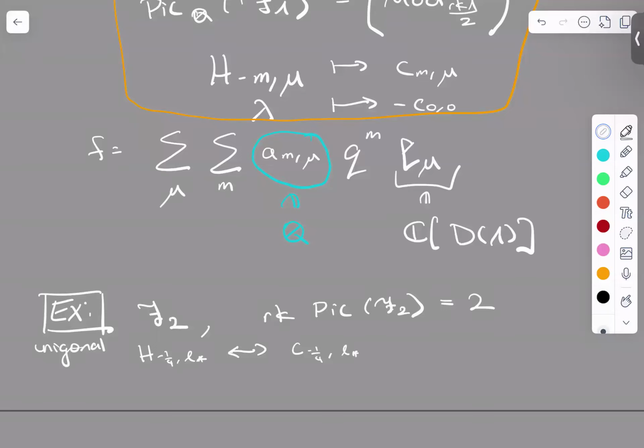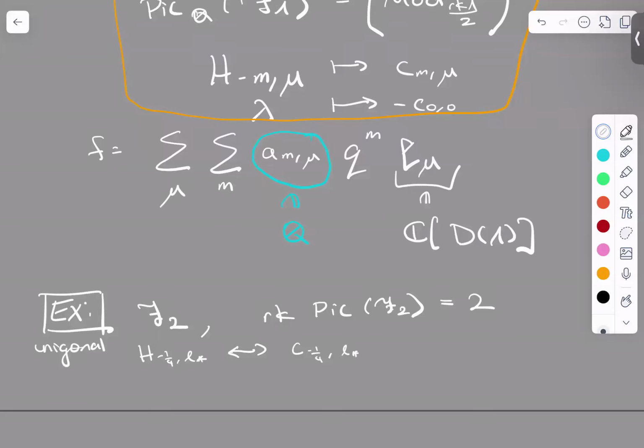I want to say that there exists a basis, which I'll call EF, for this space of almost cusp forms, such that if I apply this coefficient extraction functional to this basis EF, for this unigonal locus, I get the vector 0, 1 inside of Q2.